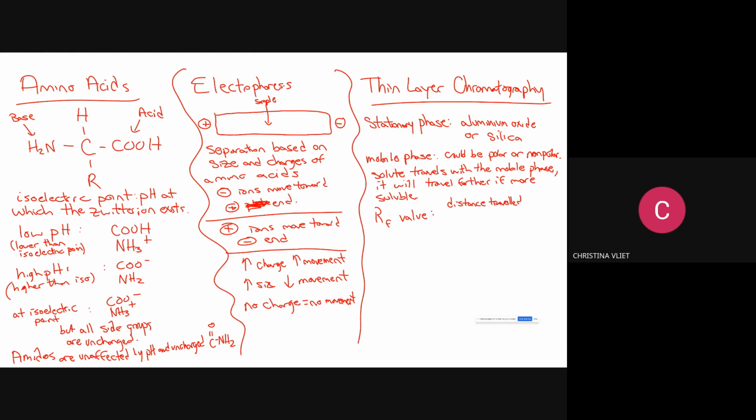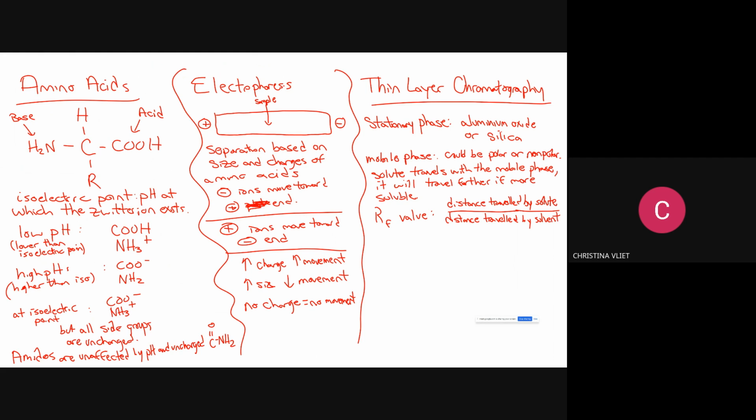They'll give you the spot of the dot, and how far the solvent traveled. Then you just have to measure, it's just a division, how much distance is traveled by the solute over how much distance is traveled by the solvent. That's what we call the RF value.